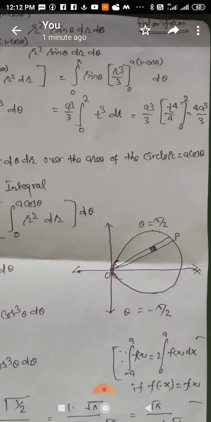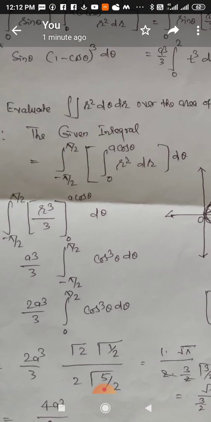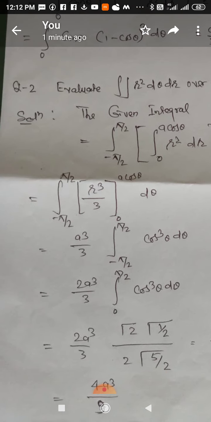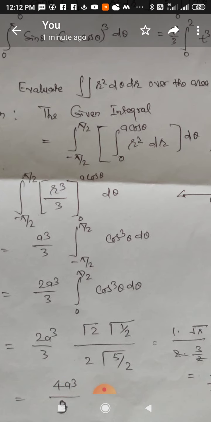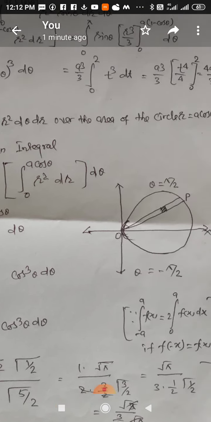So the limits: theta lies between minus pi by 2 to pi by 2, and r lies between 0 to a cos theta. So putting these values in the integration, the integration becomes the integral from minus pi by 2 to pi by 2, 0 to a cos theta, of r square dr d theta.